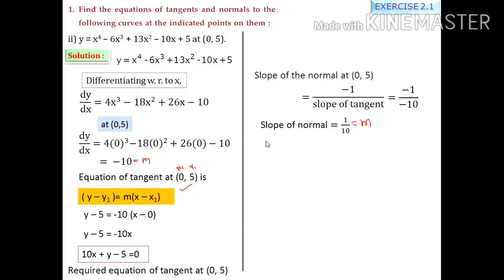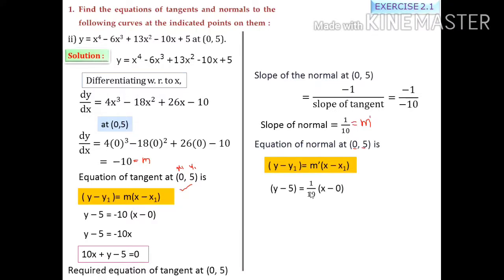Hence, writing the next step, the equation of the normal at (0, 5) is y minus y1 is equal to m dash times (x minus x1). I have used a different symbol, the slope of the normal as m dash. So you can put here the value for x1 as 0, y1 as 5, and the slope m dash as 1 by 10. Hence the equation of the normal: y minus 5 equals 1 by 10 times (x minus 0).